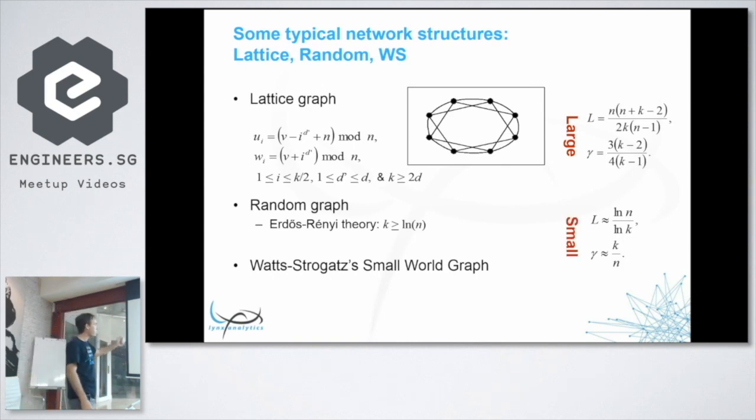For the Erdős-Rényi random graph, the characteristic length is typically very small. If you create a random graph, because of this randomness, any two selected random points are not too far from each other, because you are going to find some ways to connect. Of course, the graph has to be connected, but we already see that it's almost always connected if k is larger than logarithm n. So in that sense, it looks like our world is more like a random graph than a lattice graph.